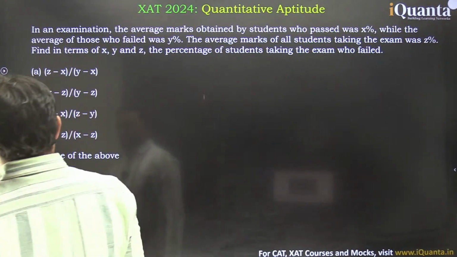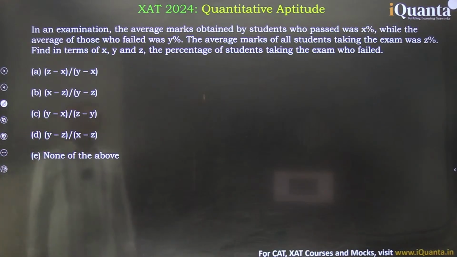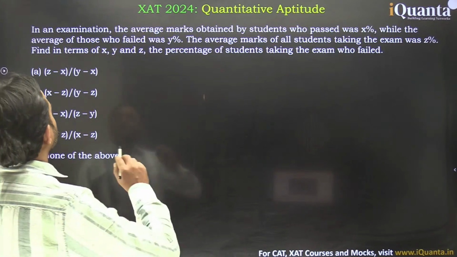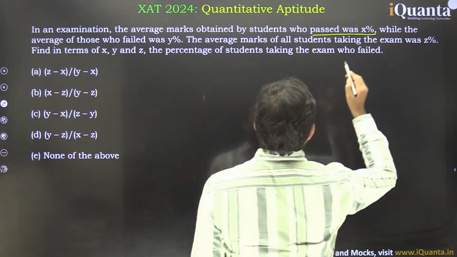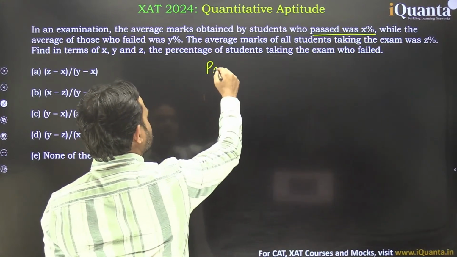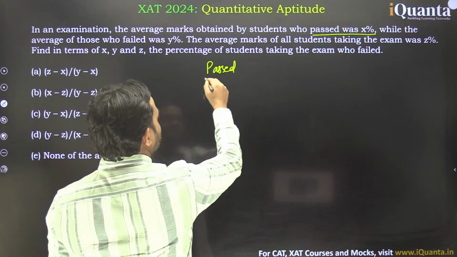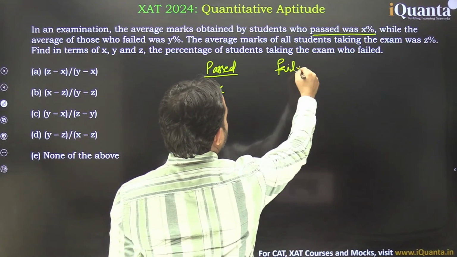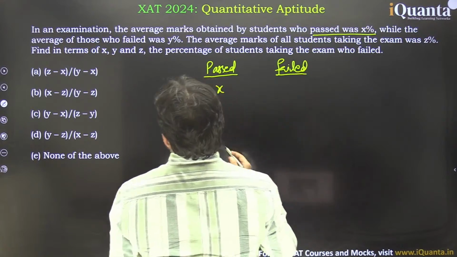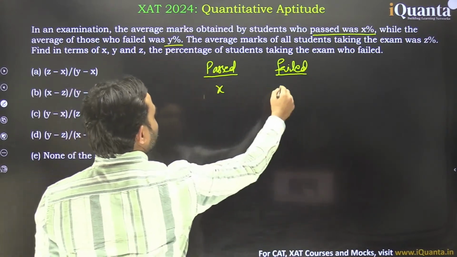What's your answer? A. Okay, let's check it. It says in an examination the average marks obtained by students who passed was X percent, and the average marks obtained by the students who failed was Y percent.